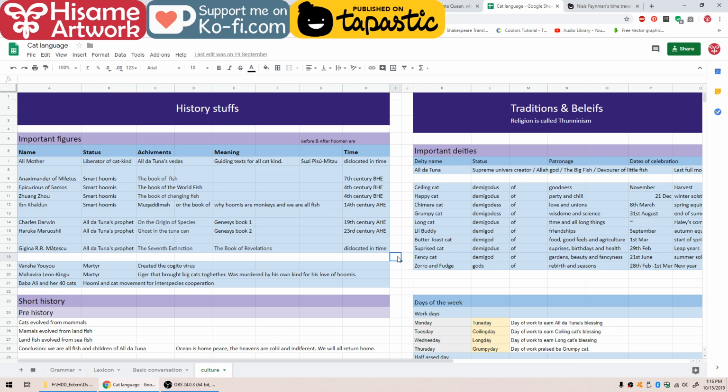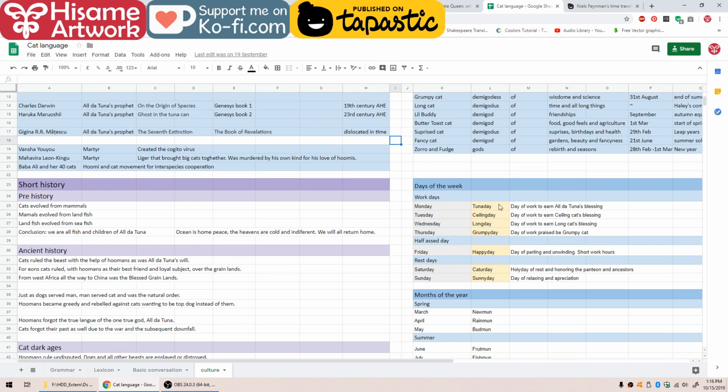Also days of the week, they're usually after gods or things like that. So Monday would be tuna day, Tuesday would be sealing day after sealing cat, Wednesday would be long day, Thursday would be grumpy day, Friday would be happy day, Saturday of course is catter day, and Sunday would be sunny day.